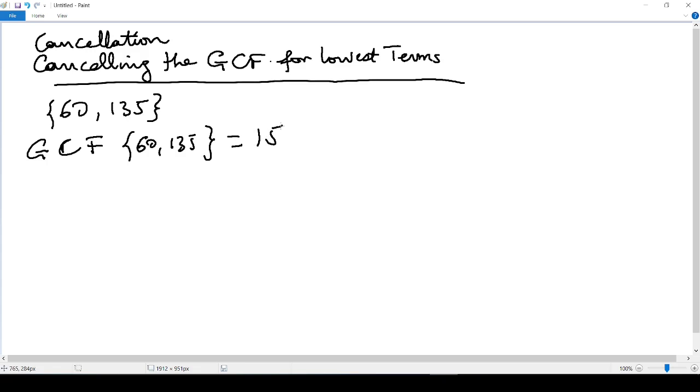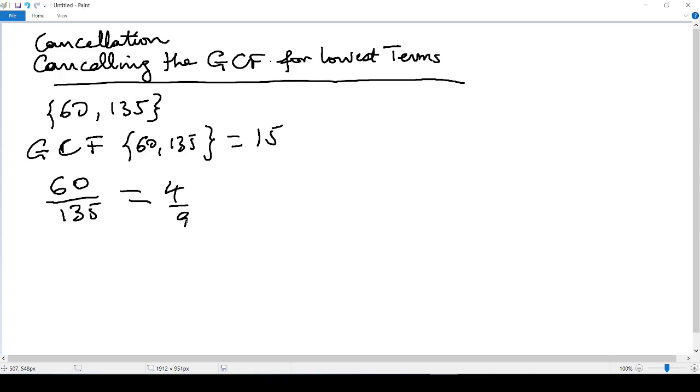So if we want to reduce the fraction 60 over 135, we will just cancel the GCF. So we will have 4 over 9. I just gave the result. How do I get to the result? We said we will cancel the GCF.